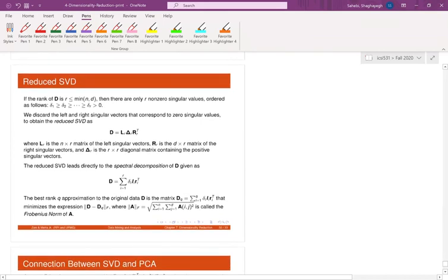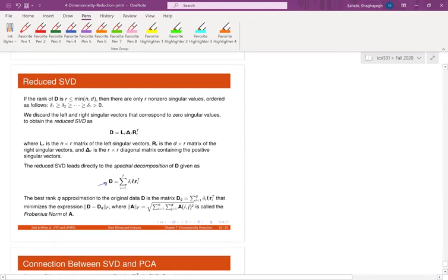We have seen that originally if we do SVD on top of our data matrix, we are going to have matrices that are M by R, R by R, and R by N, where R is the rank of our data matrix. And we can rewrite our data matrix like this.